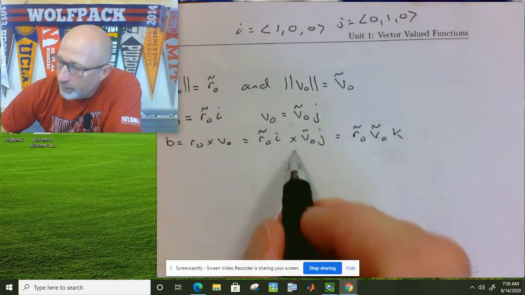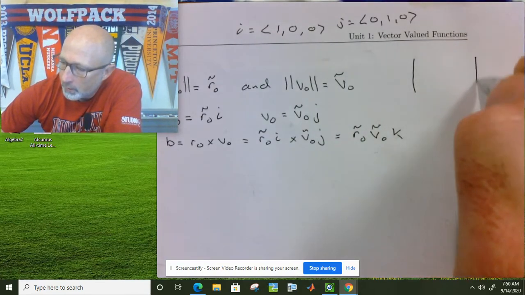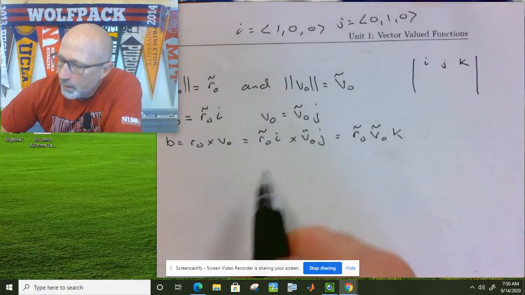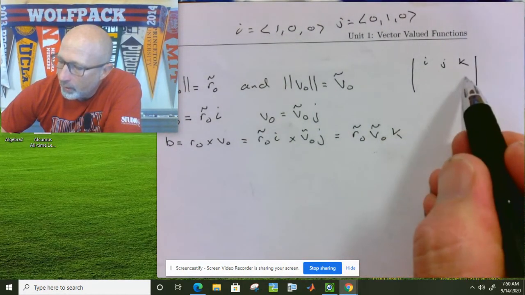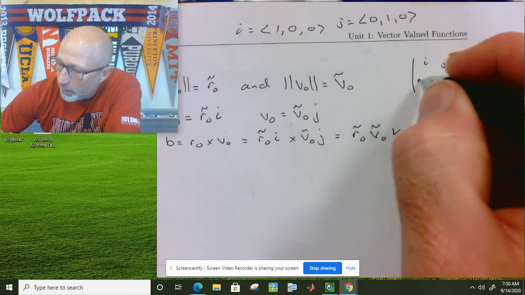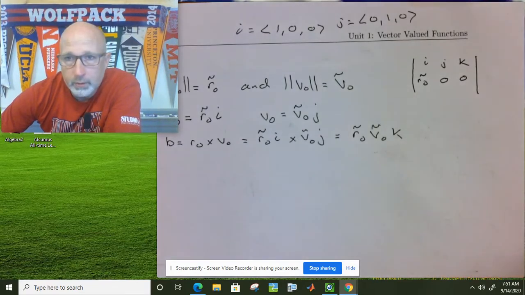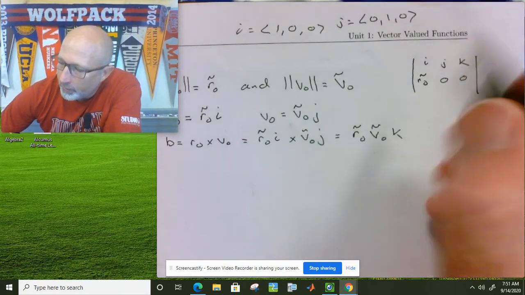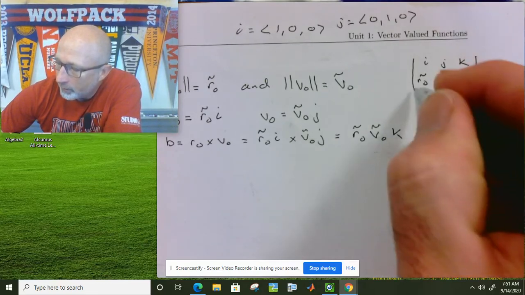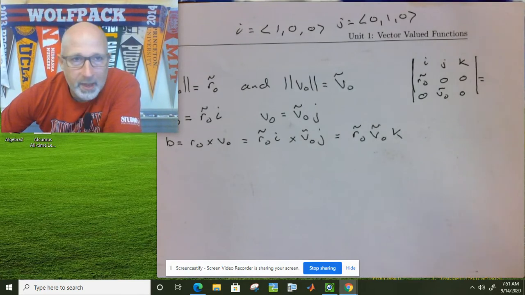So what is this vector? That's going to be, once again, you have I, j, and k on the top. This row right here is this vector, which is only r naught tilde, and you have 0, 0. And then this vector is only 0, v naught tilde, 0. And so when I take the determinant, basically everything cancels out.